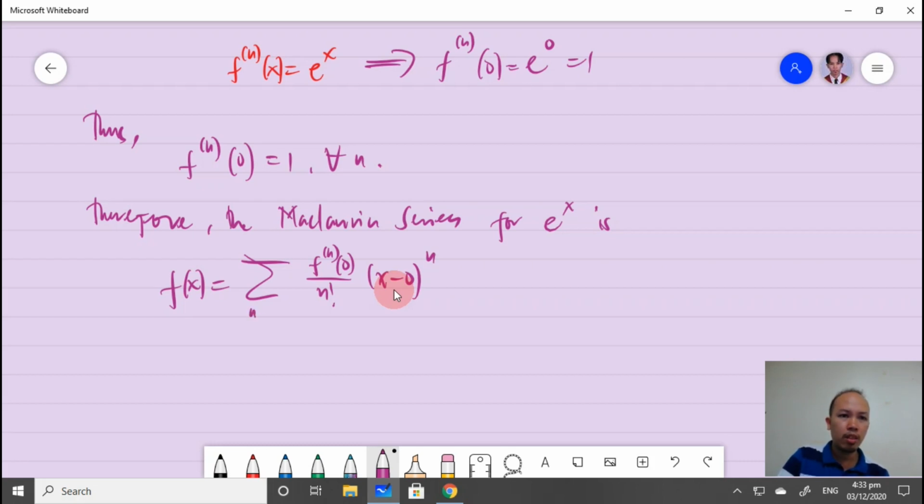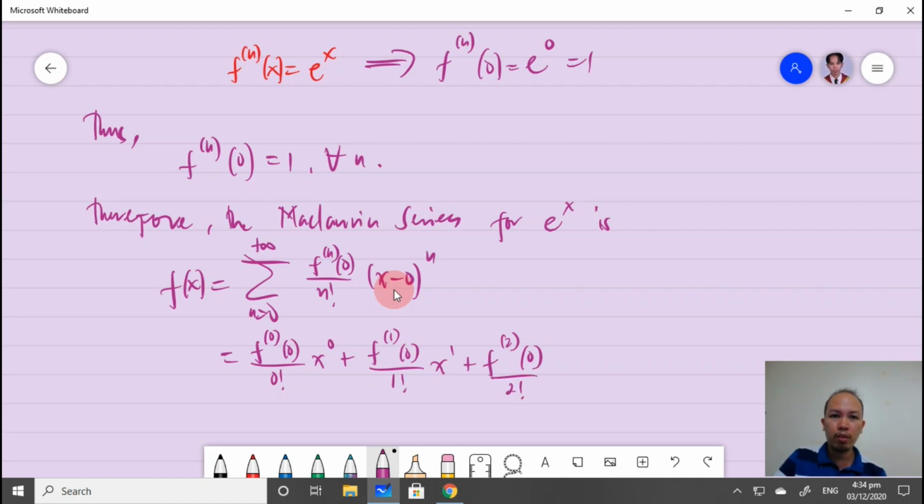So substitute and then expand. We have f of 0 over 0 factorial times x to the 0, plus the first derivative over 1 factorial x to the 1, plus the second derivative over 2 factorial x to the 2, and so on up to the nth derivative over n factorial x to the n plus dot dot dot.